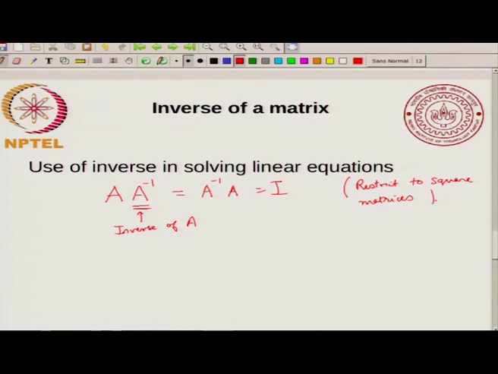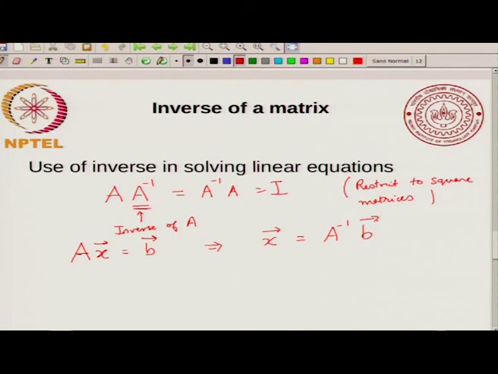Now suppose I had an equation Ax equals B, my system of linear equations that we had earlier. Then you can immediately see that this implies x is equal to A inverse B. A inverse is a matrix. Suppose I multiply both sides by A inverse.